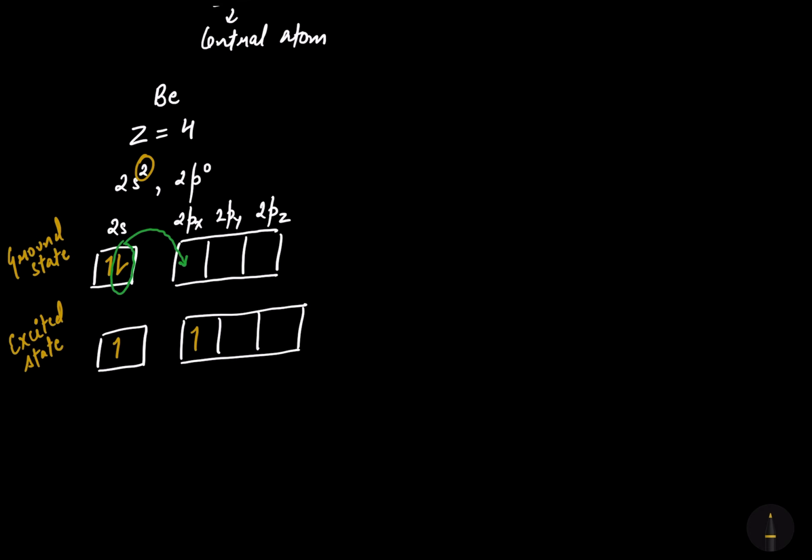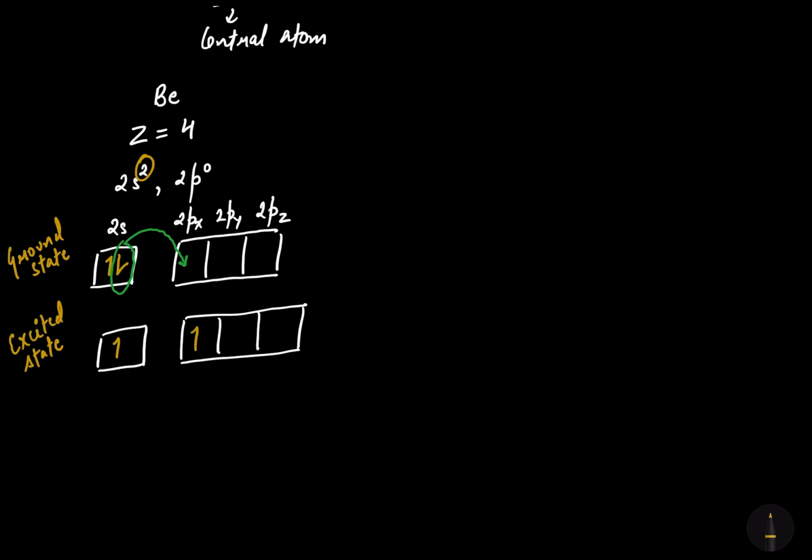Now two orbitals have one electron each, so beryllium is now eligible to form two covalent bonds with the two atoms of chlorine. Because I have already told you that only when an orbital has one electron can it overlap with another orbital of another element having one electron, and only then will the covalent bond form. That's why we have excited one electron from 2s to the 2px orbital.